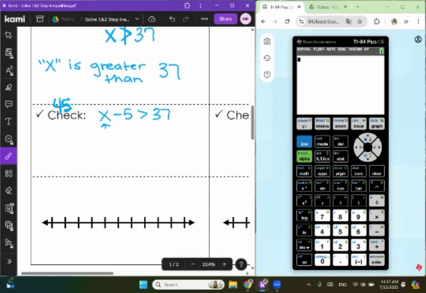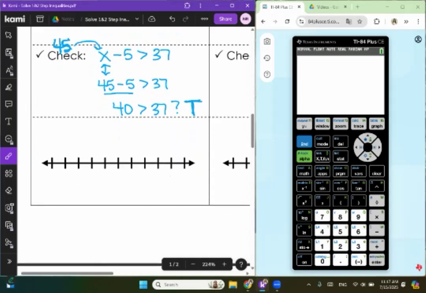If we put that 45 in the place of x, we get 45 minus 5. What is 45 minus 5? 40. Is 40 greater than 37? Yeah, that's true. So we know we got a correct answer.